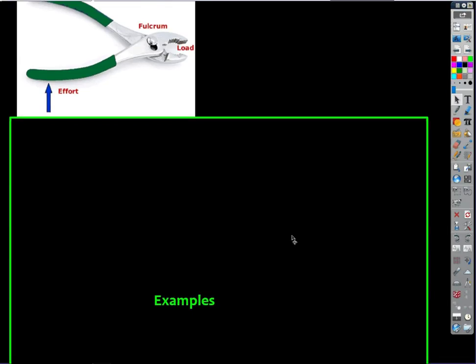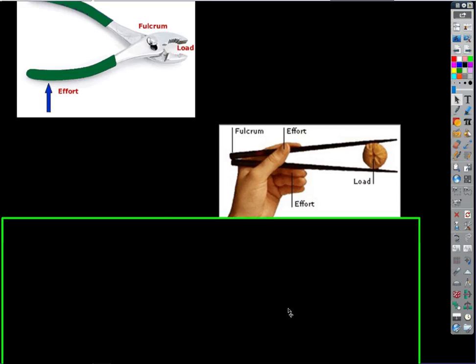Survey says that's got to be class 3, doesn't it? Right? Because what's in the middle? The effort. Right? The input. FRE 1, 2, 3. So E goes with 3.